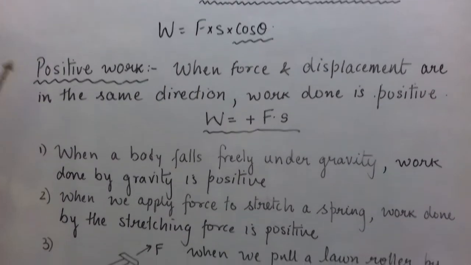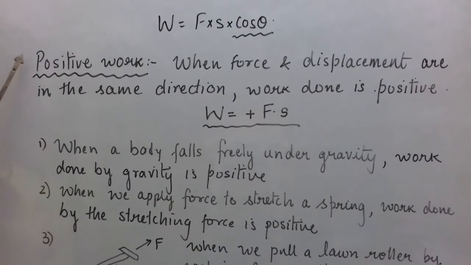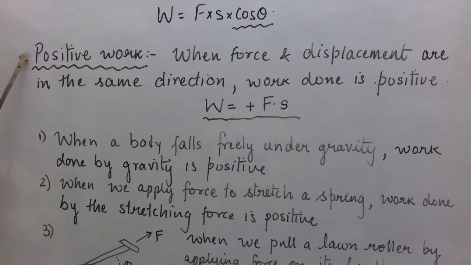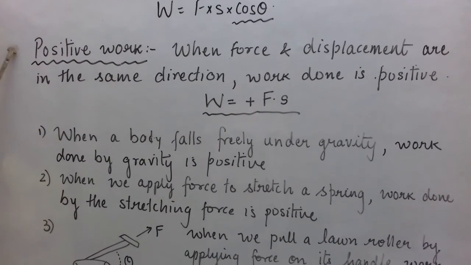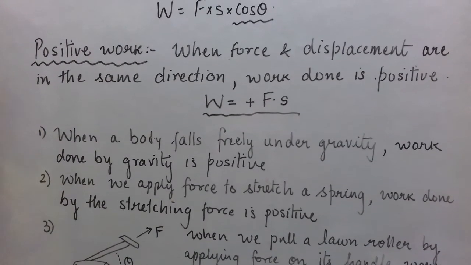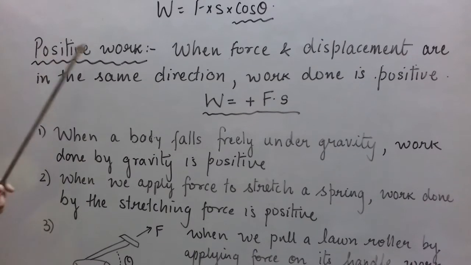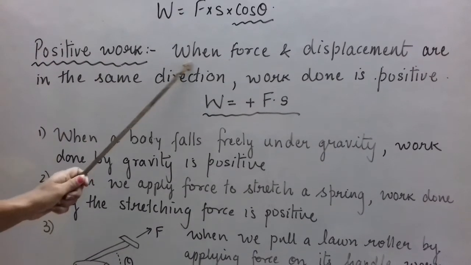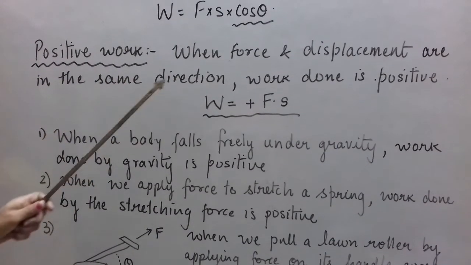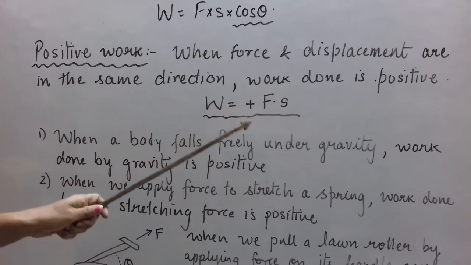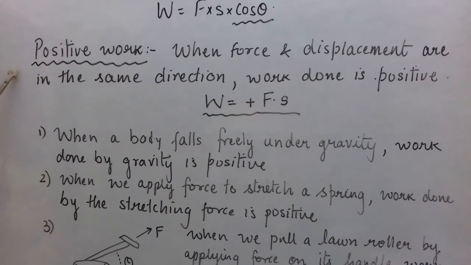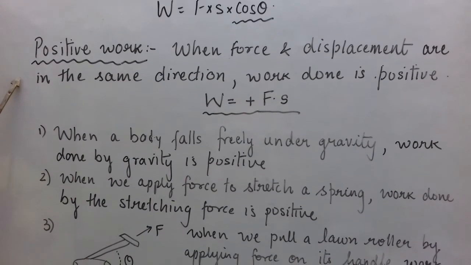So we'll study this only now, but although you can remember, for all acute angles between force and displacement, work done is positive. But for your 9th class answers, you can write: positive work is said to be done when force and displacement are in the same direction, and W is equal to plus F into S. Now let us see examples of positive work.